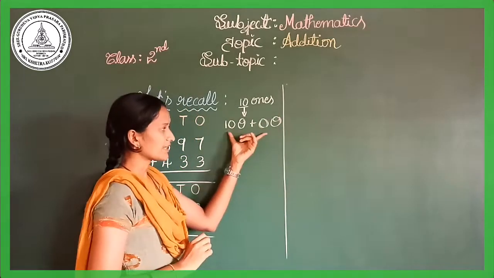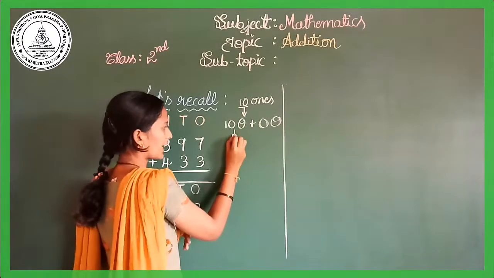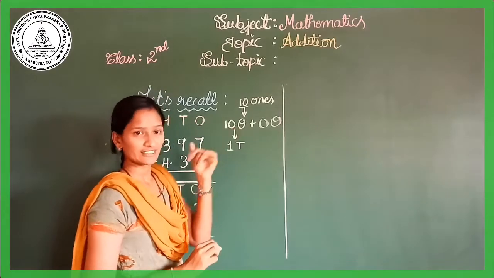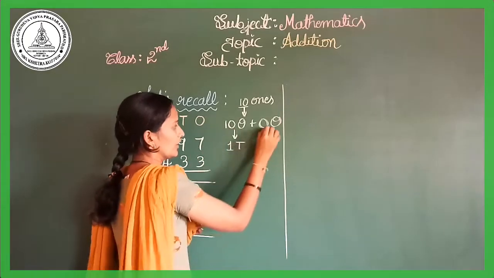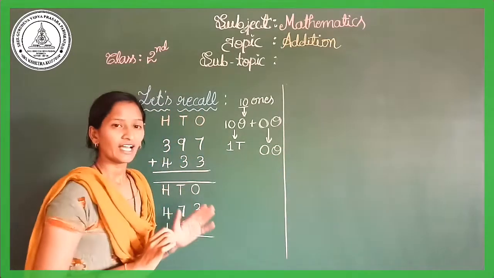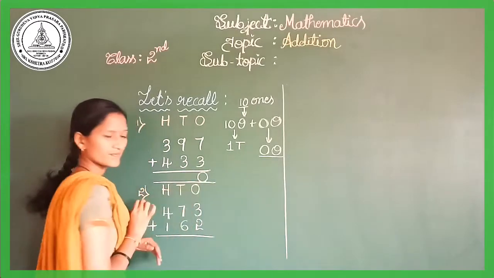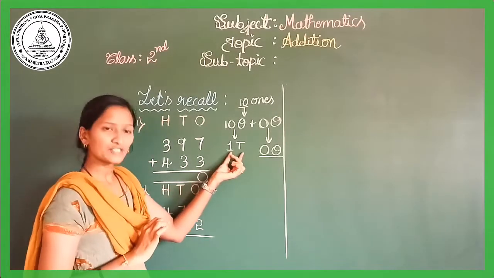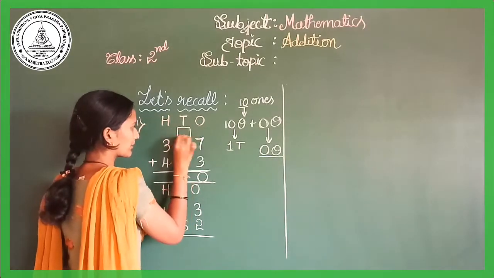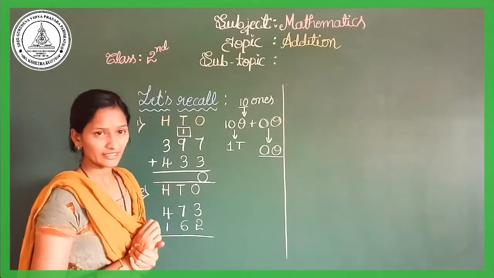See, 10 plus 0 is again 10. Already you know that 1 ten is equal to 10 ones. So this 0 ones I am writing as it is. Children, write this 0 ones in the ones place. The next, carry this 1 ten to the tens column. So I am writing the number 1 in a separate box. That is a carried number, right?